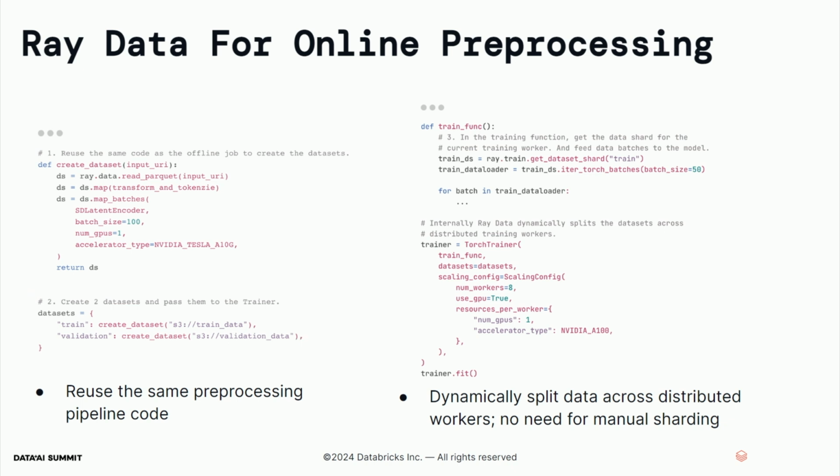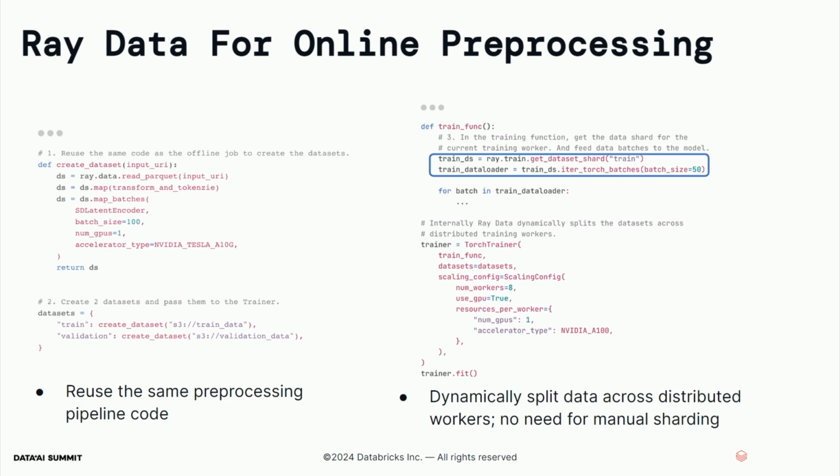To implement data parallel training, typically you need to partition your data ahead of time before kicking off your training job. But with Ray Data, we can automatically do this for you. Ray Data will shard the data under the hood dynamically at runtime, so you don't need to do it manually.